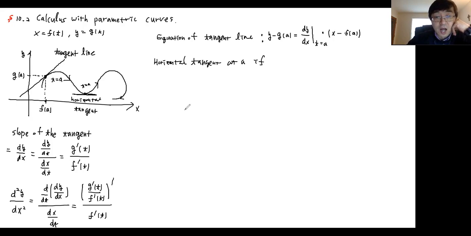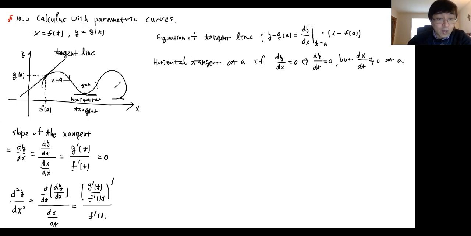The slope of the tangent line equals 0, so dy over dx equals 0 at a, which is equivalent to dy over dt over dx over dt equal to 0. The top one, dy over dt, equals 0, but the bottom one, dx over dt, is not equal to 0 at a. So we have a horizontal tangent line.